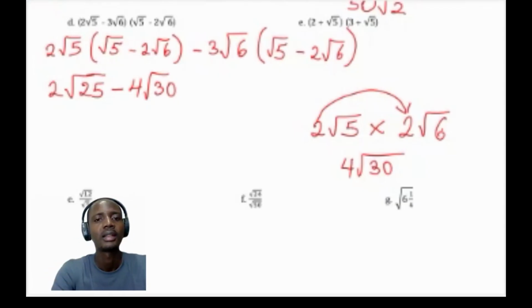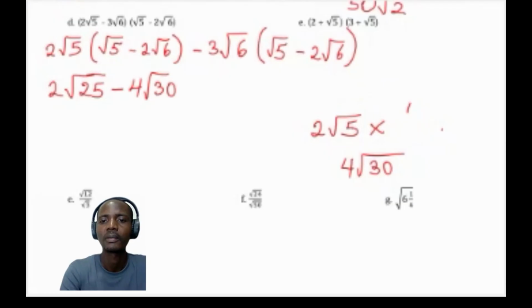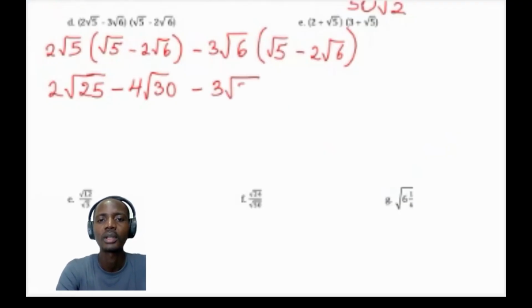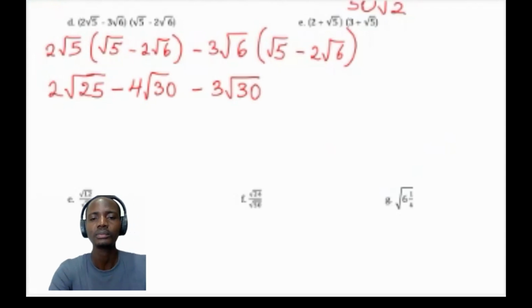Right? Then let's open up the second part. So negative 3 root 6 multiplying root 5. That gives us what? That is negative 3 root 30. Then the next one, now negative will multiply negative, and that becomes positive.